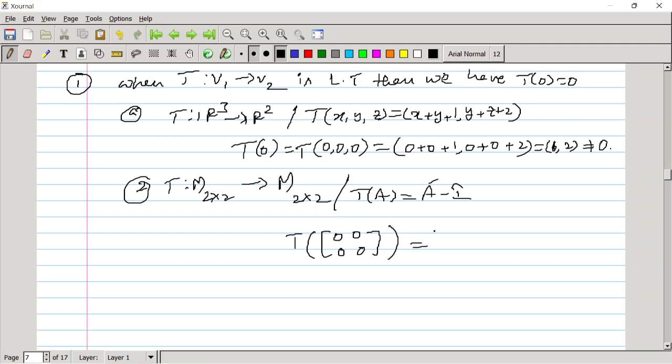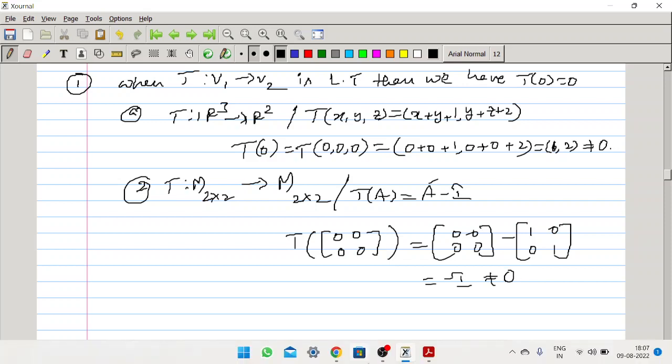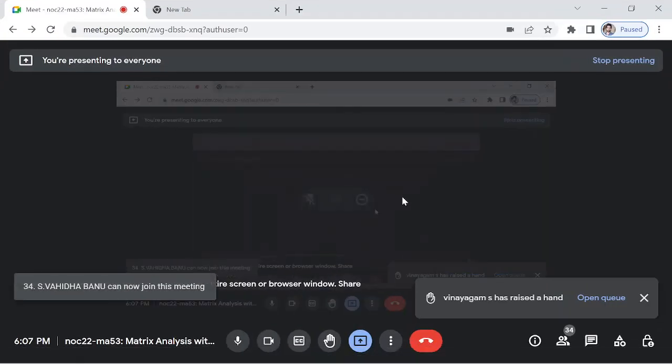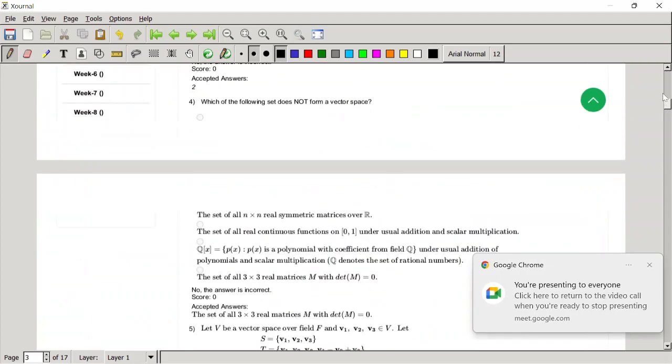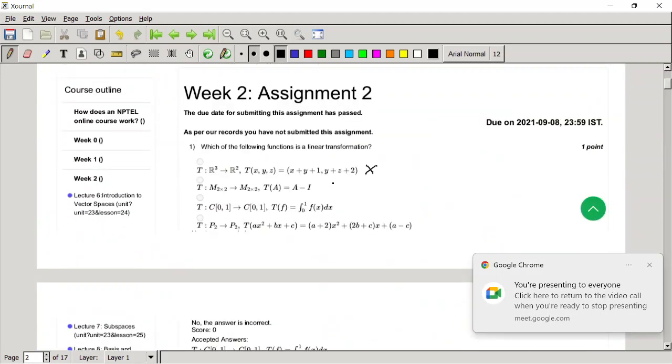The image of this under the function is the zero matrix minus the identity (1 0; 0 1), which equals minus I. But in the vector space M2x2, this is not the zero matrix, so this function is also not a linear transformation.